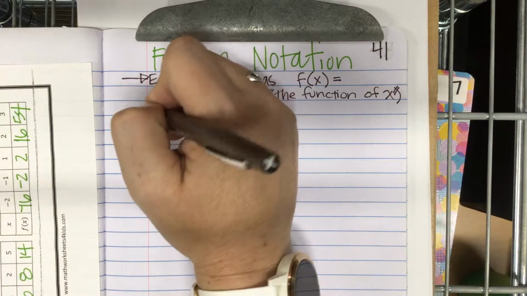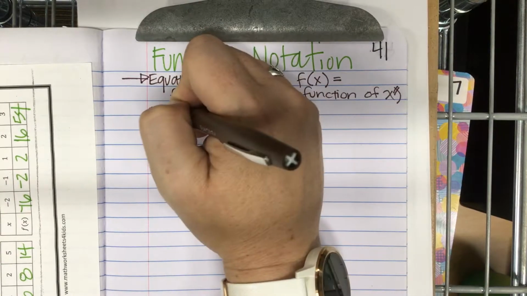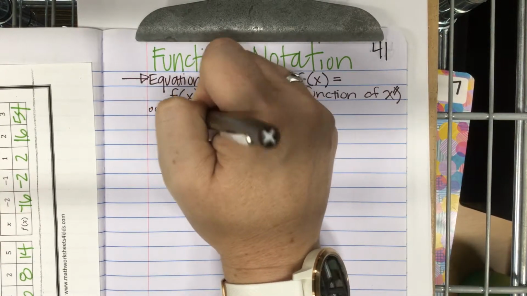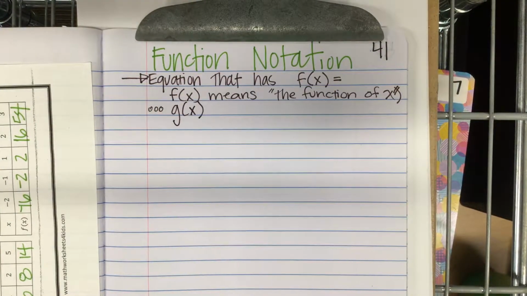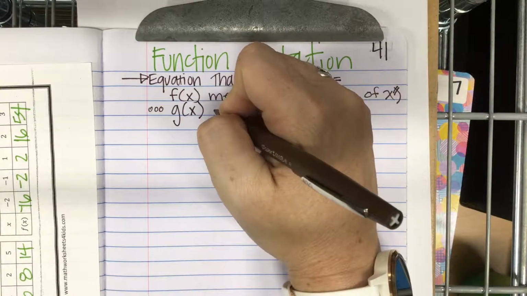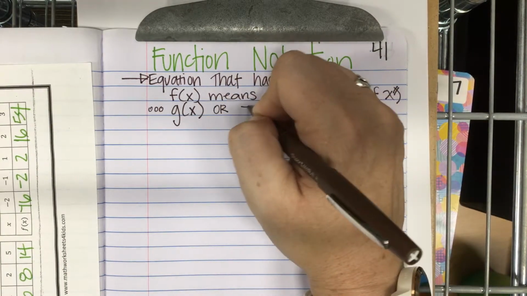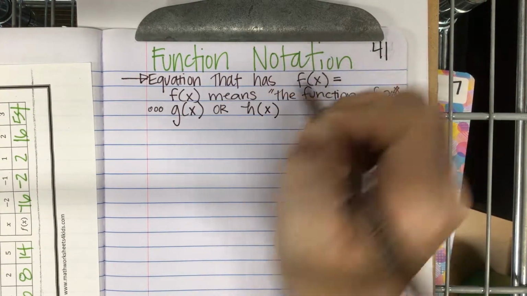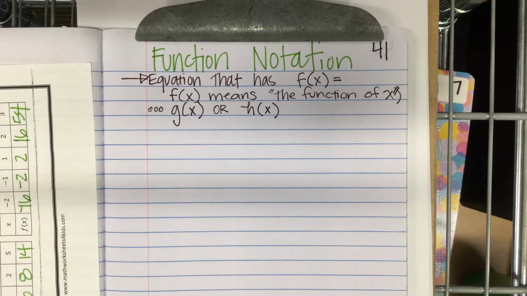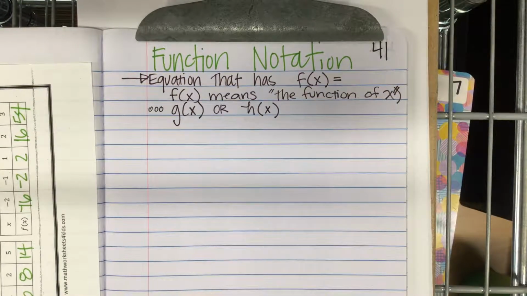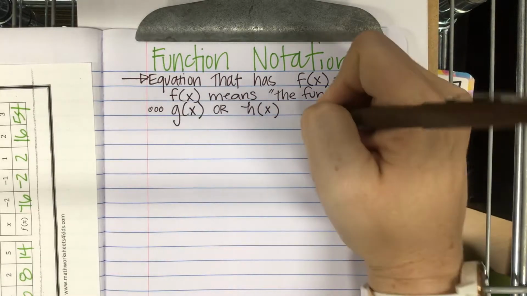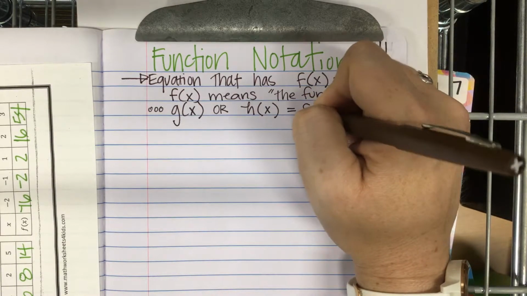But sometimes we have it say g of x, which is still a function of x. Or it could say h of x. It's the same thing.